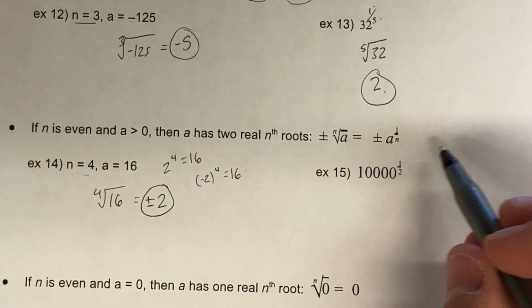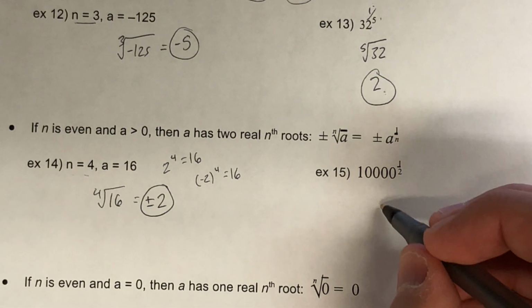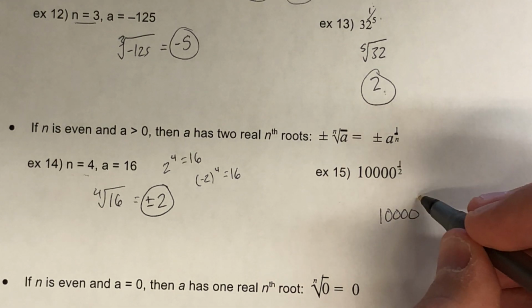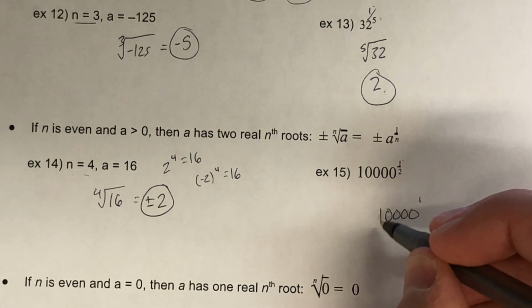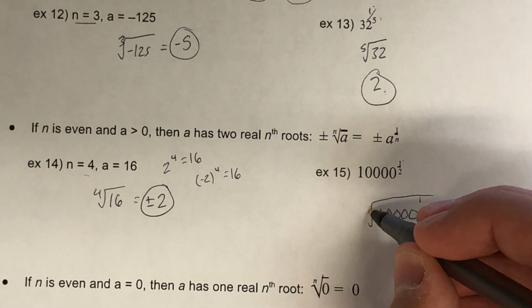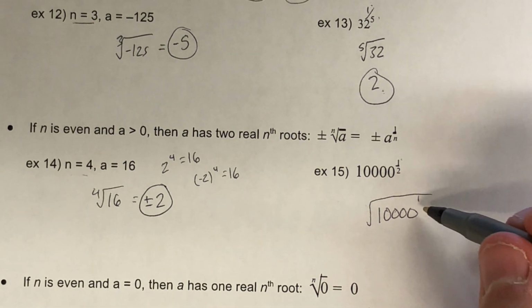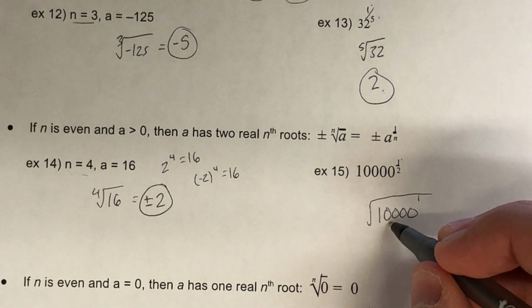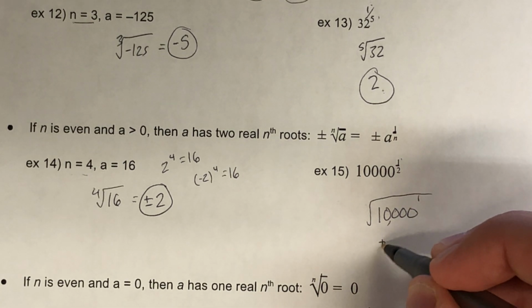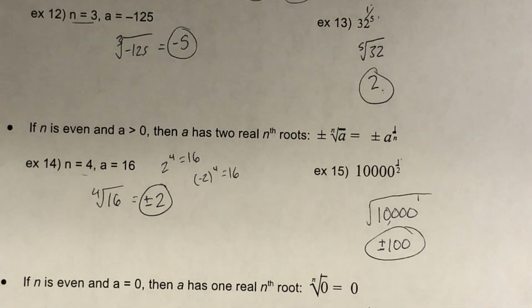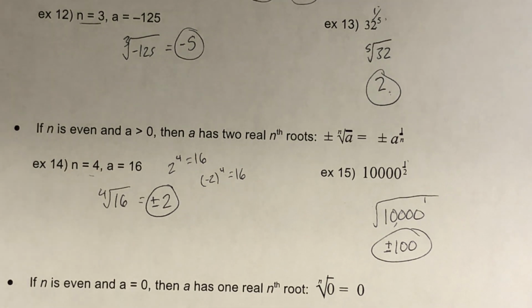So we have 10,000 to the power of 1/2. Remember, power over number root. A 2 root is just a square root. And here, the square root of 10,000 would be positive or negative 100, since negative 100 squared will give us 10,000 as well as positive 100. So that's something that's important to keep in mind as you're going through some of these problems.